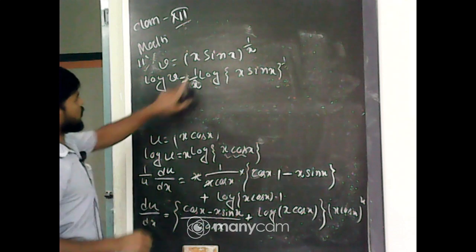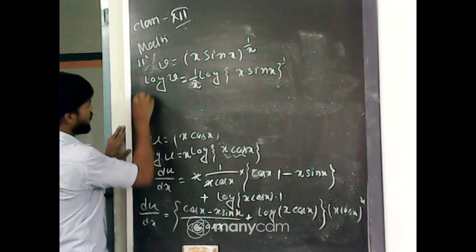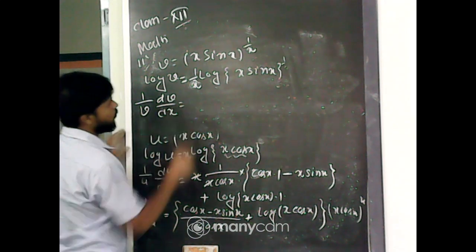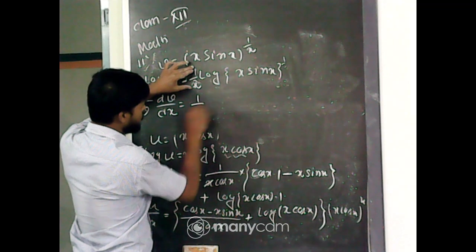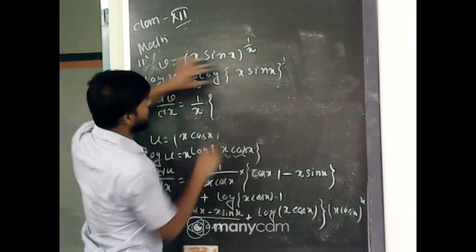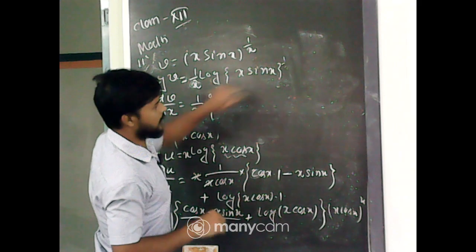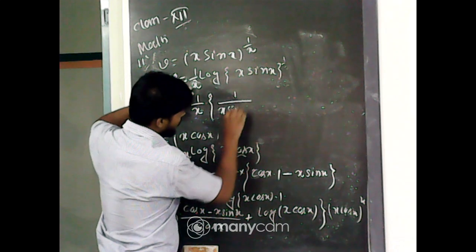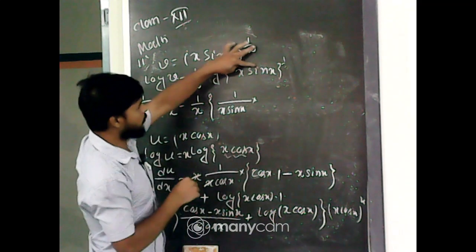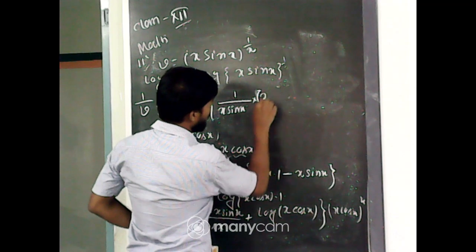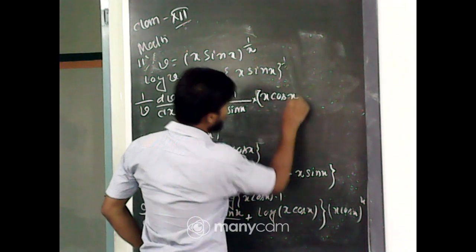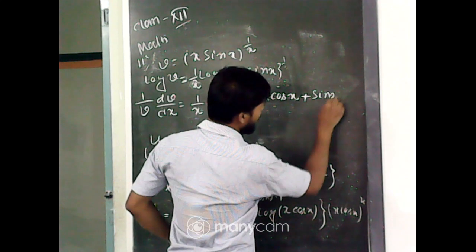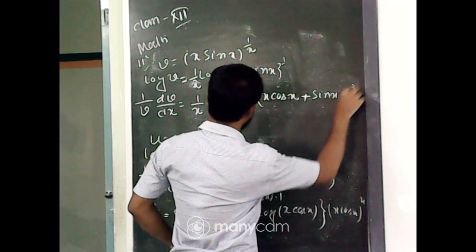Now differentiate it with respect to x. So 1 by v dv dx is equal to, let this be the first function, make it constant, into the derivative of this, x log of x sin x. So the derivative of log of x sin x is 1 by x sin x into the derivative of x sin x, which is first function into derivative of sin x plus second function into derivative of x, which is equal to 1.